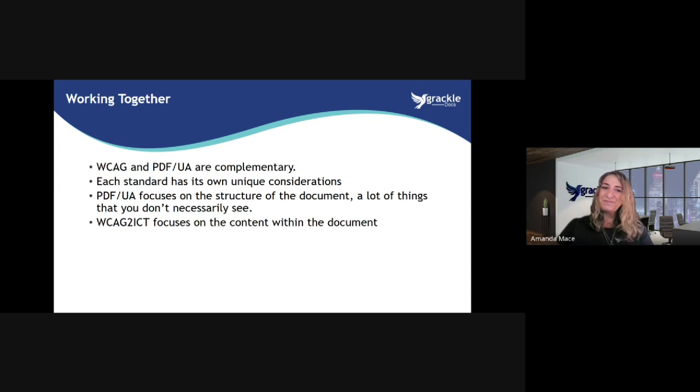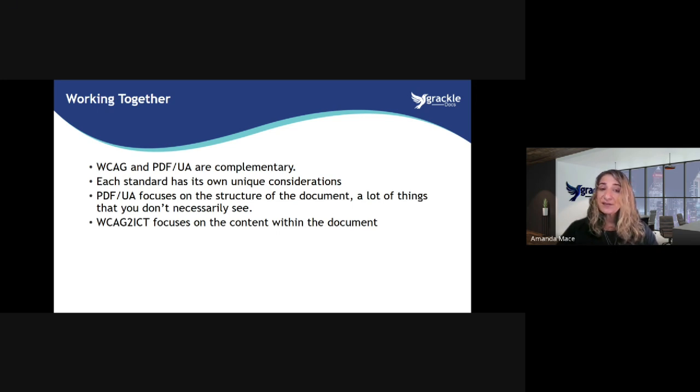Just like the web and PDF documents have a complementary place alongside each other, right? It's all complementary. If you make your PDF align with the principles of WCAG, while complementary, it is not going to make your document PDF UA compliant or vice versa, right?